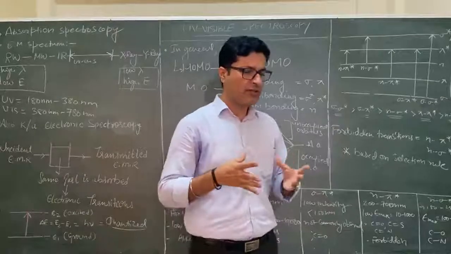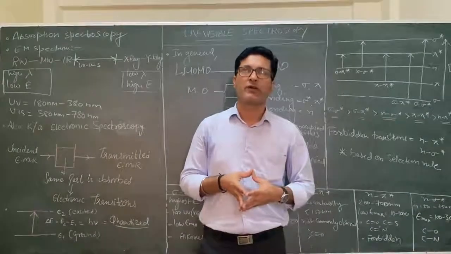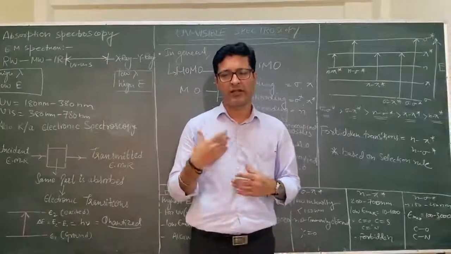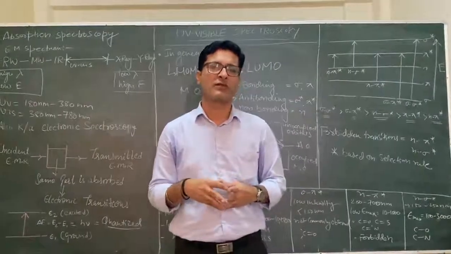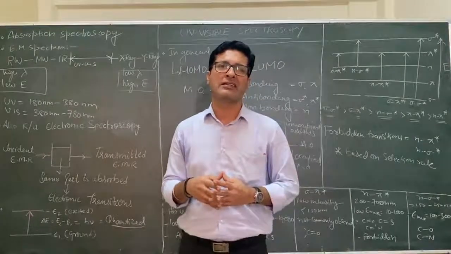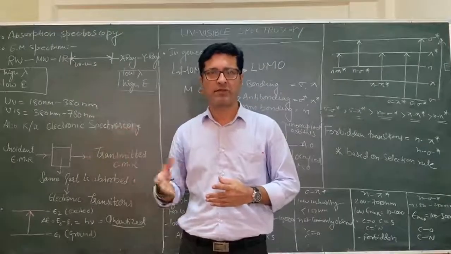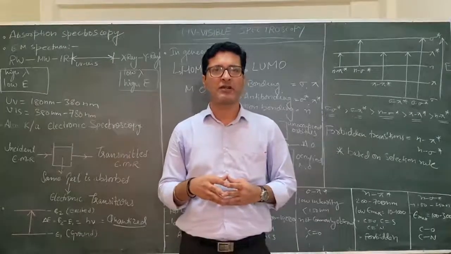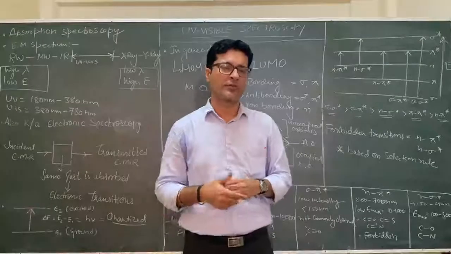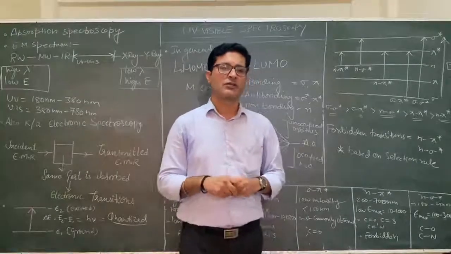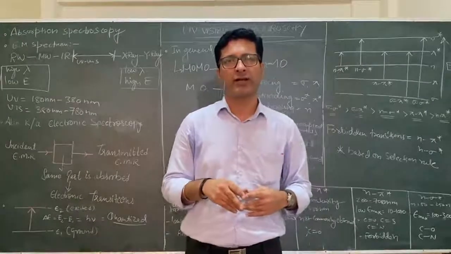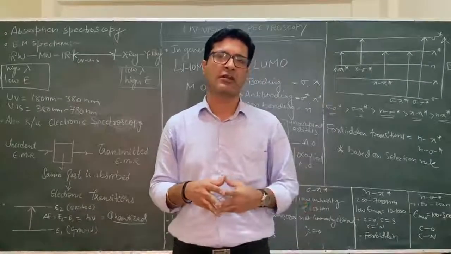In summary, we can conclude that alkanes mainly undergo sigma to sigma star transitions, while alkenes, alkynes, dienes and aromatic compounds show pi to pi star transitions. But when a heteroatom comes into the molecule, new types of transitions are observed, like n to sigma star or n to pi star transitions.